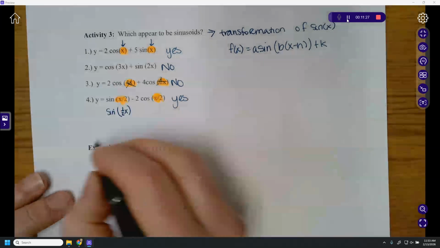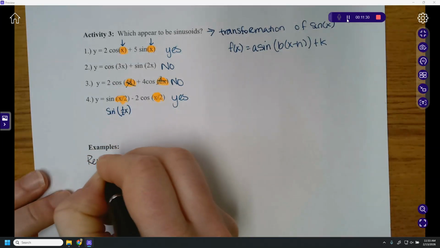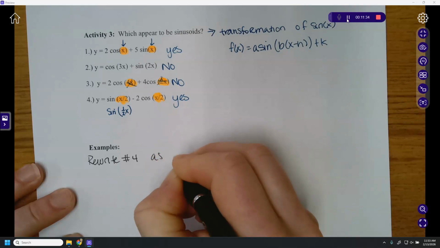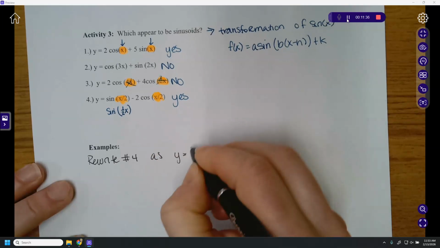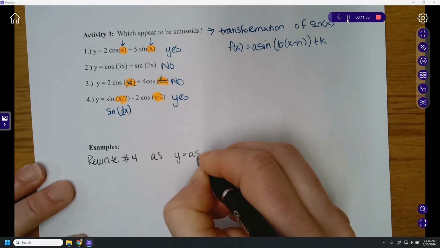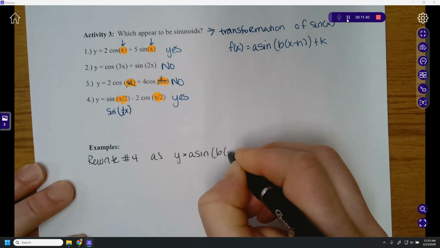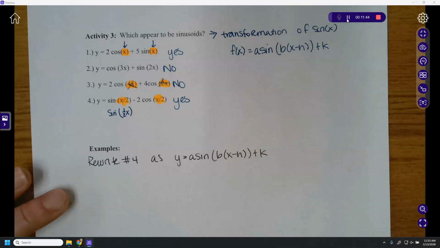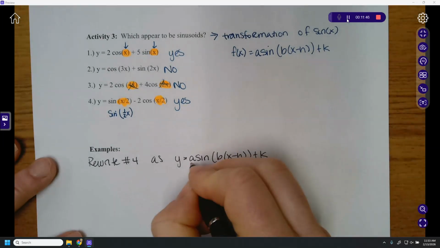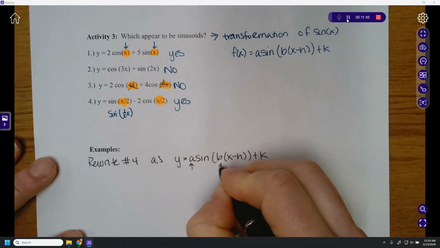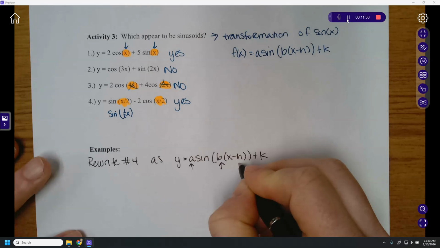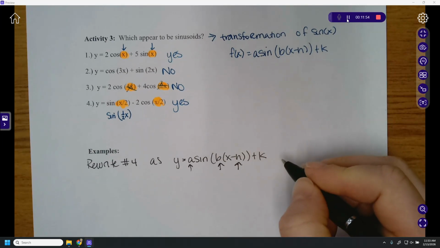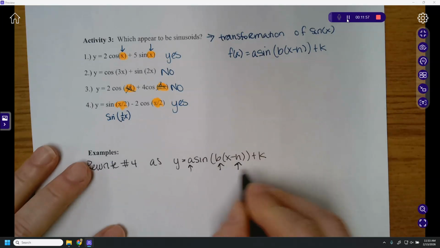So let's rewrite number 4 as a function y equals, or f of x, a sine quantity b x minus h plus k. All right, so basically I have to figure out a, I have to figure out b. None of these have a k. So there's not going to be a k behind them. So it's going to be just a, b, and h.